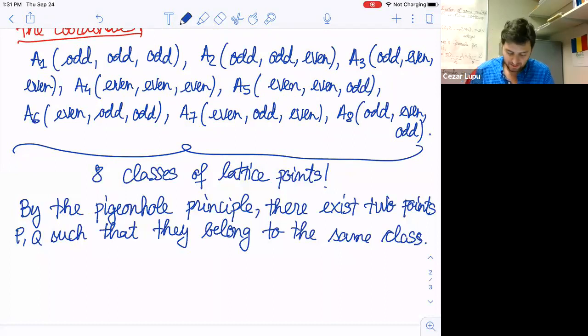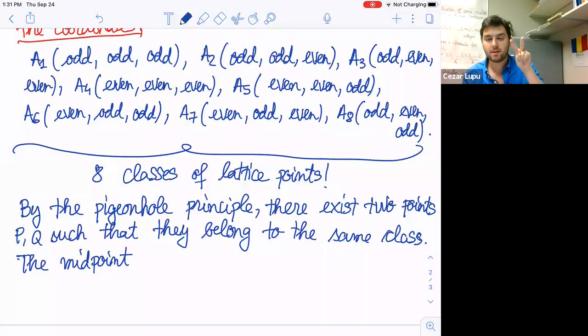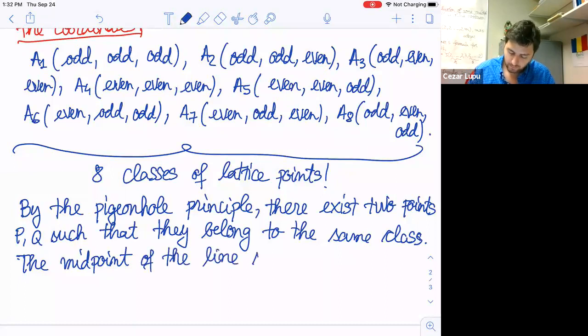Because they're in the same class, pay attention. It's not like one point P will be in the class A1 and Q will be in the class A2. That's not going to happen. Okay, let me take the midpoint of the line segment PQ.